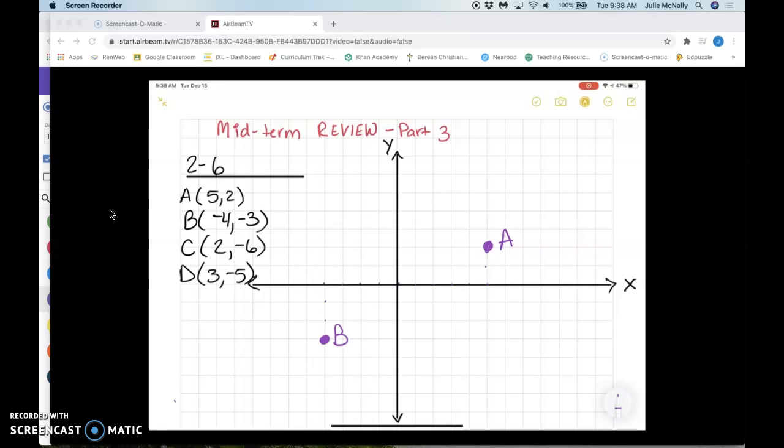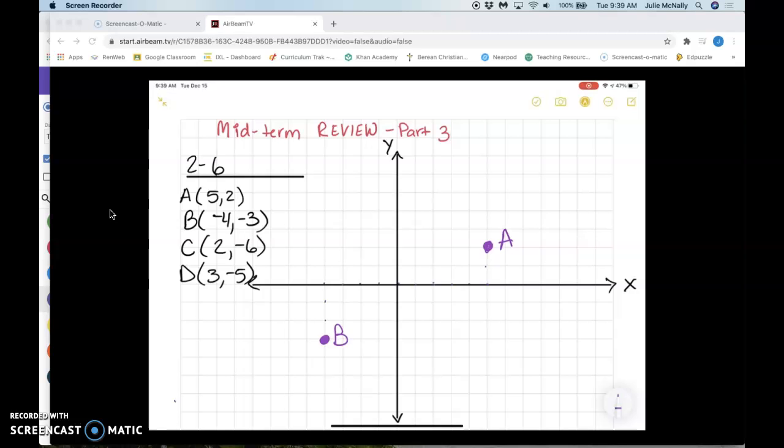Besides Holden and Brendan, because they already did one. C, it is 2, -6. Okay, Owens, go ahead. Which way do I move? For 2, you stay right there where A is, and then you go all the way down on the y-axis.